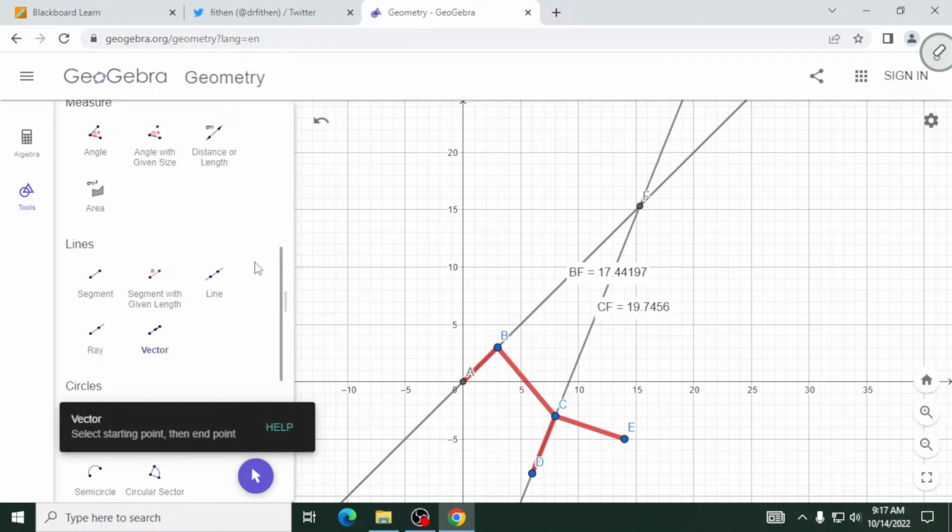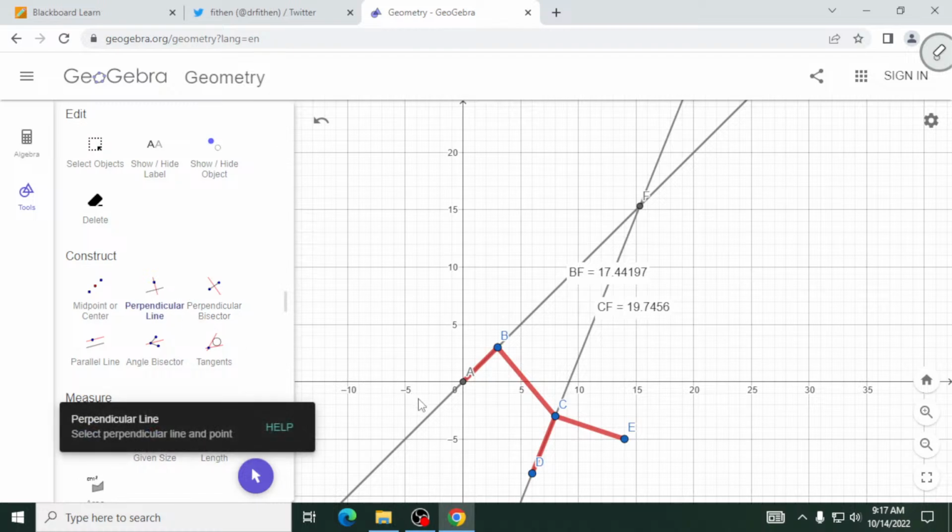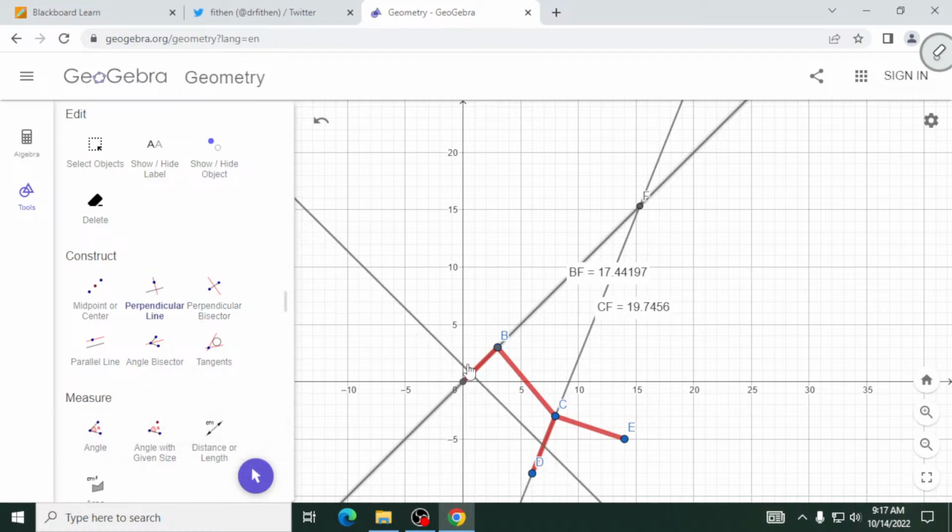Now I know there's a perpendicular line. I know it doesn't look this way on the screen, but if you look at this monitor that has the correct aspect ratio, this line right here is perpendicular to that line. It almost looks that way here, but the aspect ratio tilts it back a little bit.